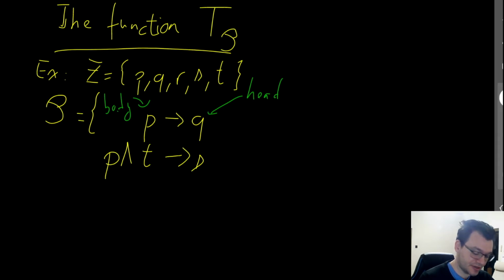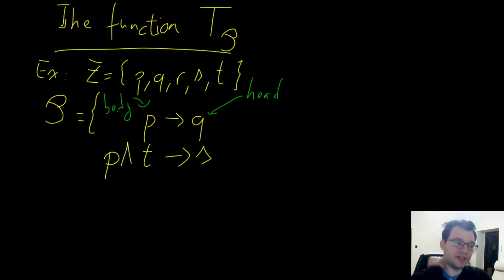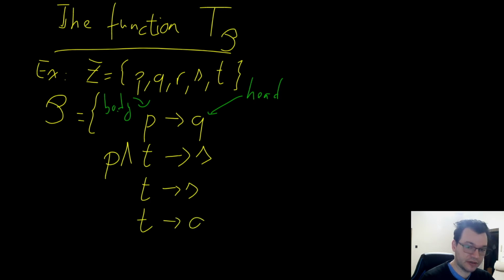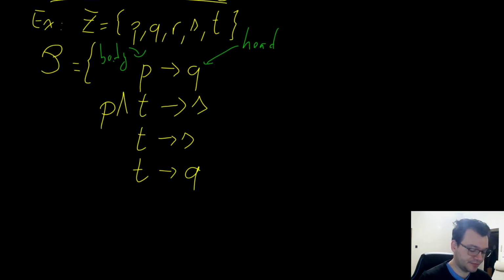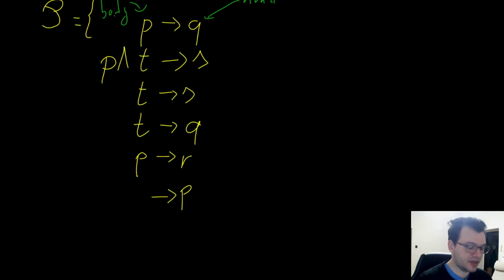On the left hand side, in the body, there are always conjunctions, P and T. We can have T implies S as well, and T implies Q as well, and P implies R. And actually the left hand side can be empty, so it's just nothing implies P. Well, nothing is not an entirely good word, but we will take this later.